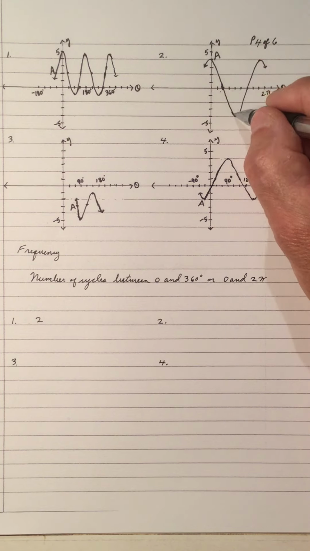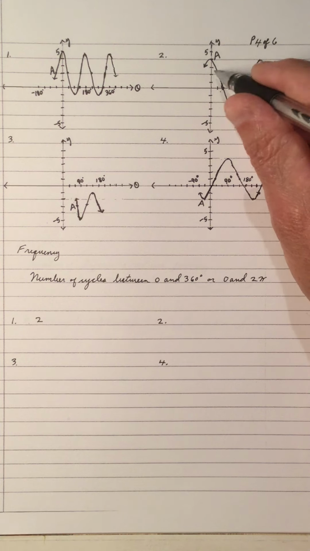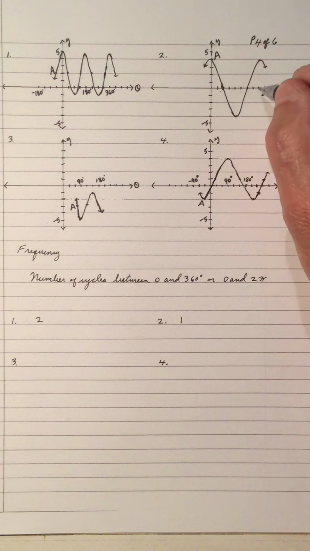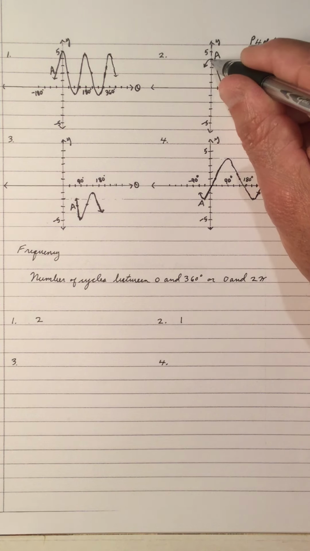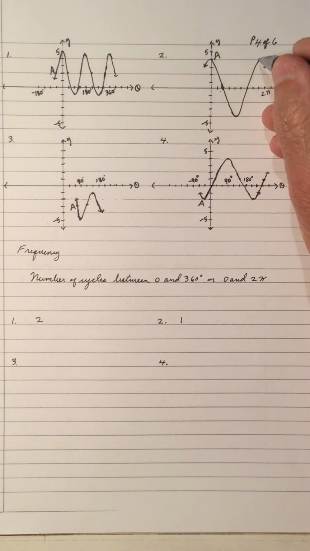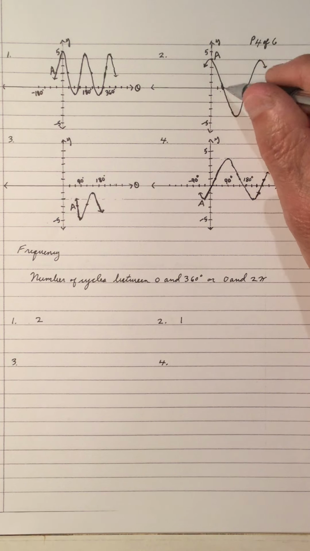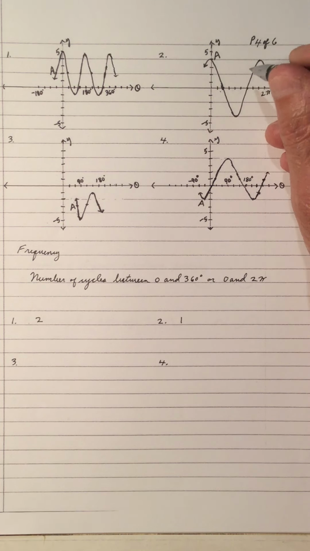From here to here is only 1. There's only one cycle from here to here: maximum down to a minimum up to a maximum. So the period is 2 pi. But the number of cycles is only 1. Frequency is 1.